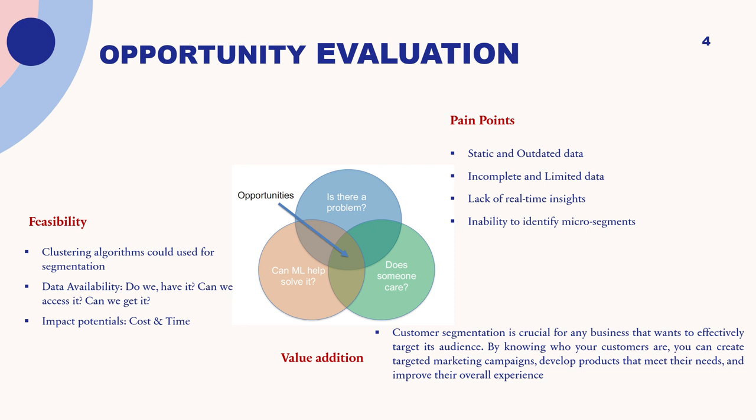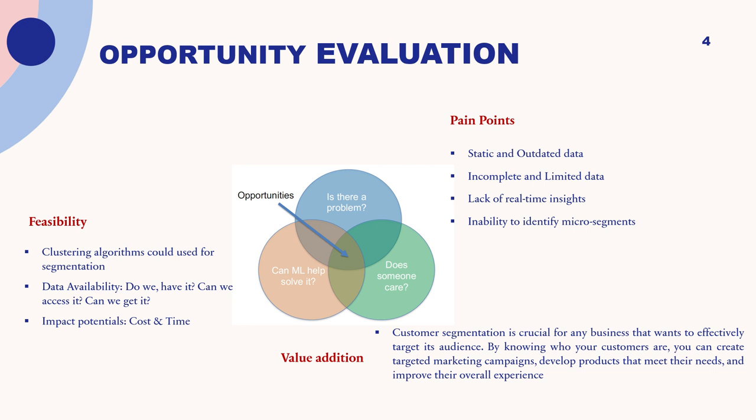Moving to the opportunity evaluation side, let's identify the opportunity here. I divided it into three sections. We start with the problem statement or the pain point. Without an ML model, the segmentation is currently happening in a manual way, and there are pain points with that approach. Static and outdated data, obviously.